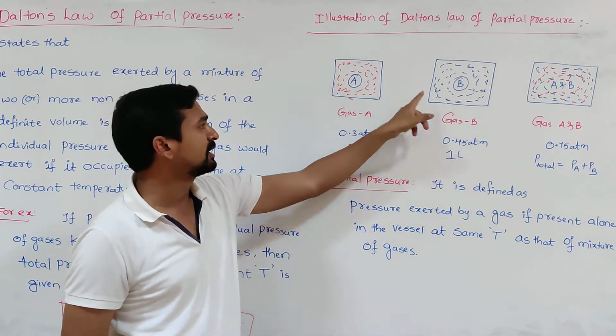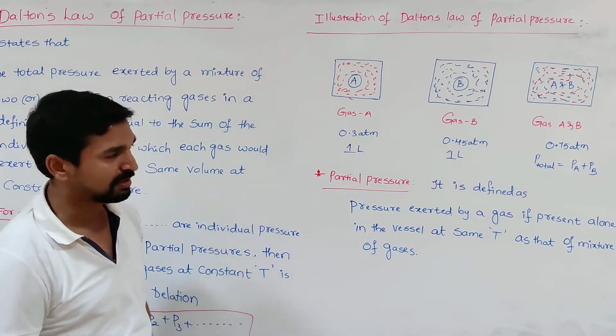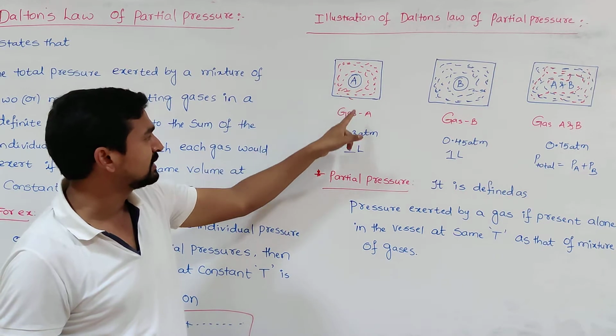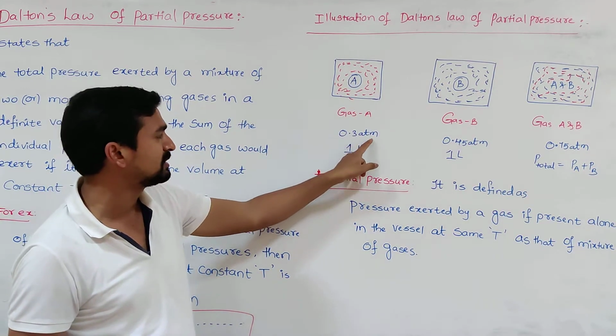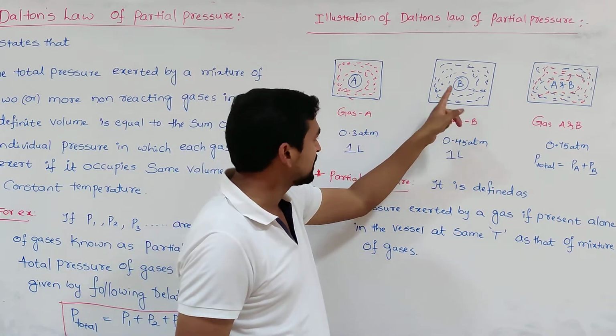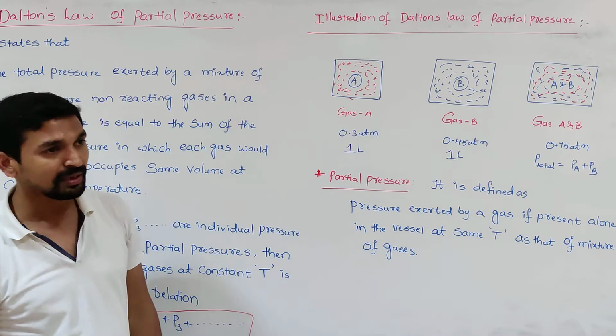These are attached to a manometer, which helps us determine the pressure of a gas. The pressure exerted by gas A is 0.3 atmosphere in 1 liter. The pressure exerted by gas B is 0.45 atmosphere.